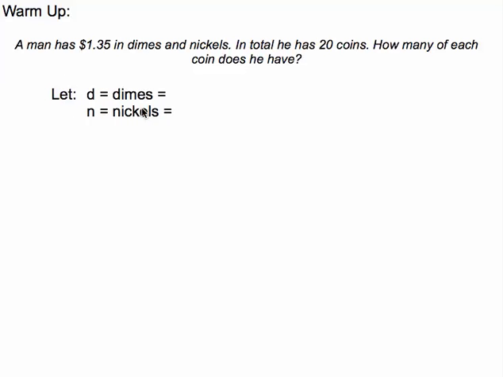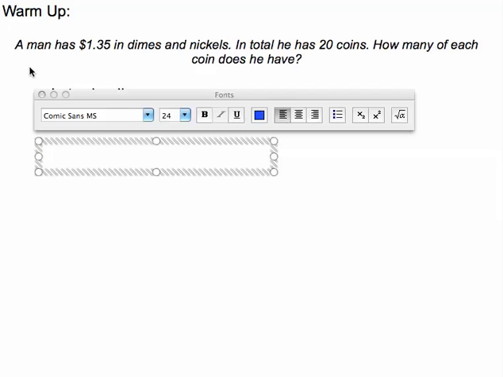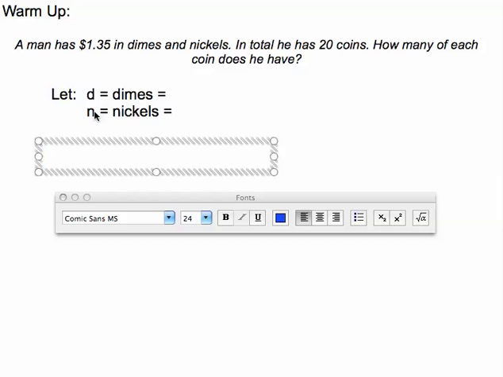Now, after that, when you have a situation where you have two unknowns and two different relationships, you can create a system of equations. Again, look at the first sentence they give you and try to create a relationship out of that based on what D and N stand for. So if the man has 135 in dimes and nickels, that means if you multiply the amount that a dime is worth times how many you have, plus the amount of nickels you have times how much they're worth, you will get 135.